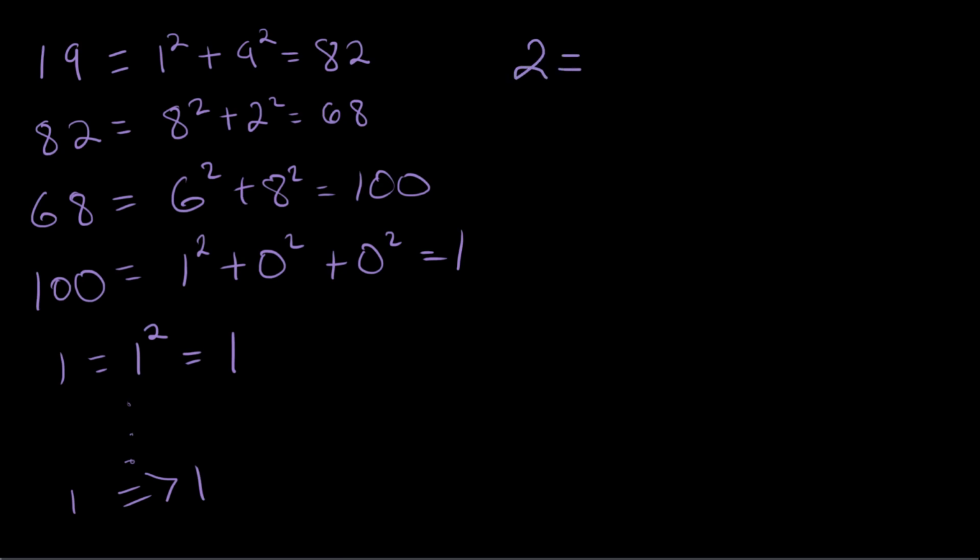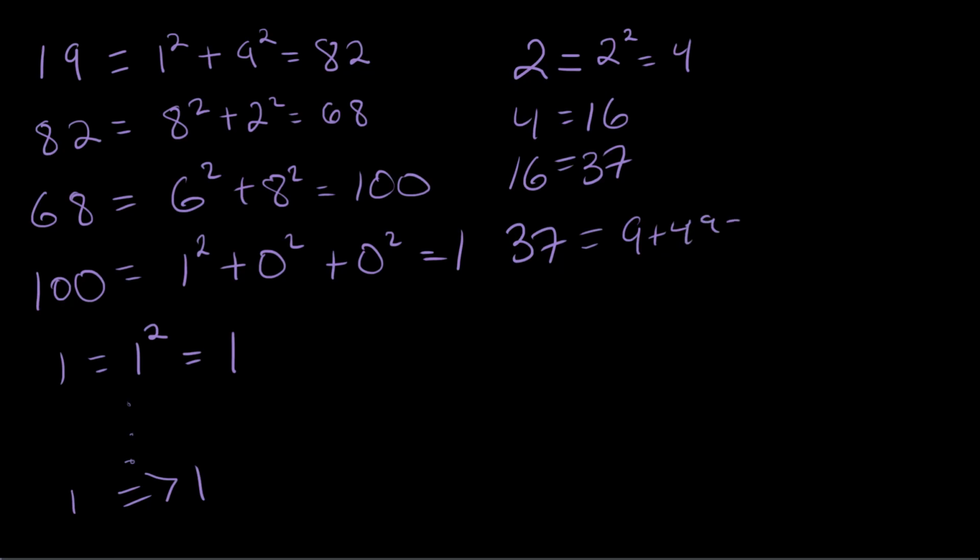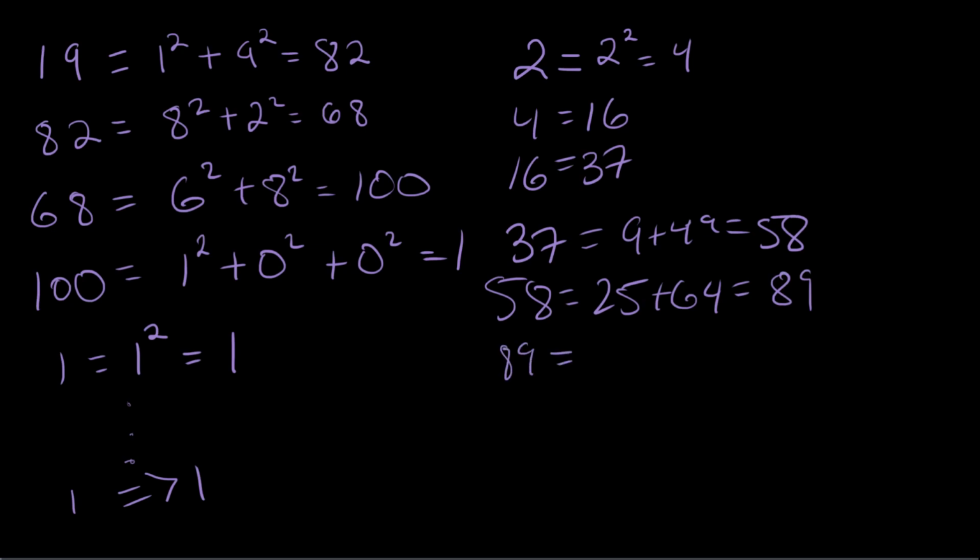2, this one is going to take a little longer. 2 goes to 4, 4 goes to 16, 16 goes to 37, 37 goes to 9 plus 49, 58. 58 goes to 25 plus 64, which is 89. 89 goes to 64 plus 81, which is 155.